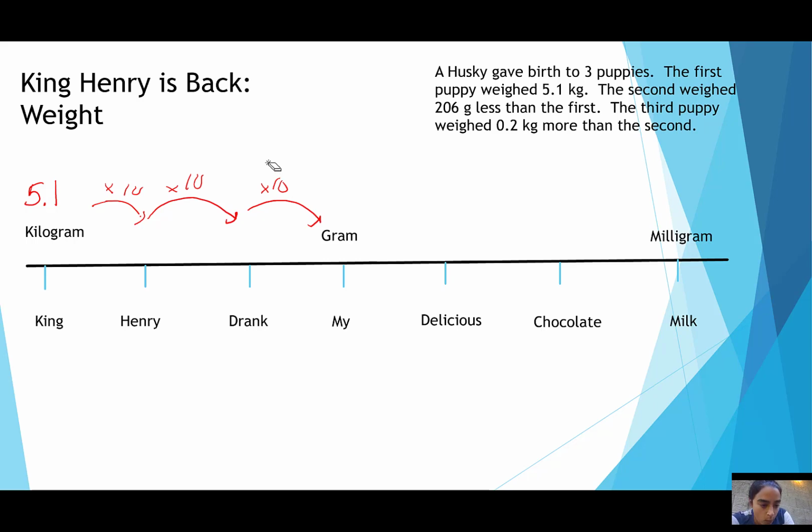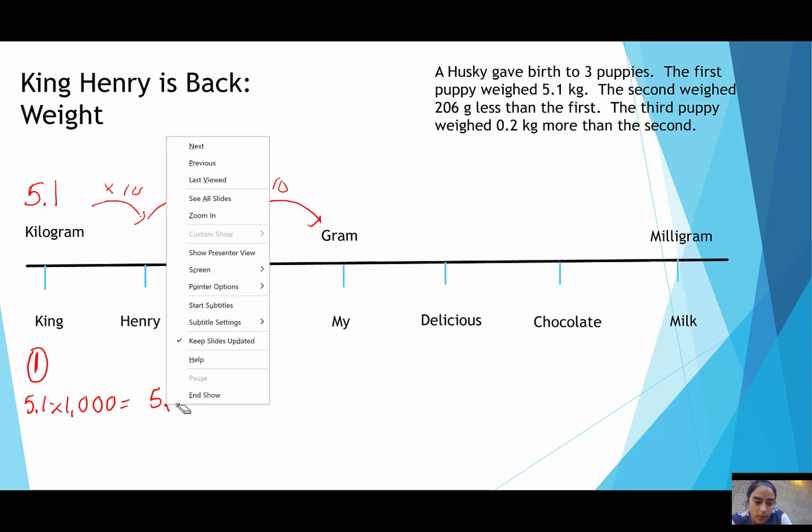So for puppy number 1, okay, I can do 5.1 times 1,000. Or I can take 5.1, 5 1/10, and move the decimal back 3 spaces.